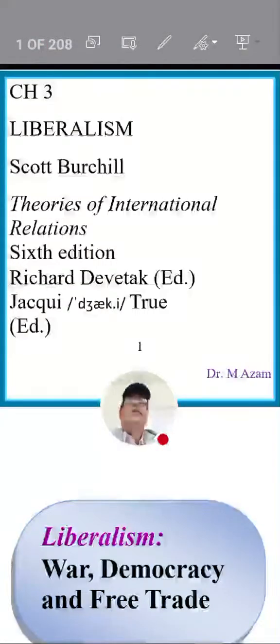In the last session, we discussed one aspect of liberalism, inside looking out theory. And today we will discuss war, democracy, and free trade.